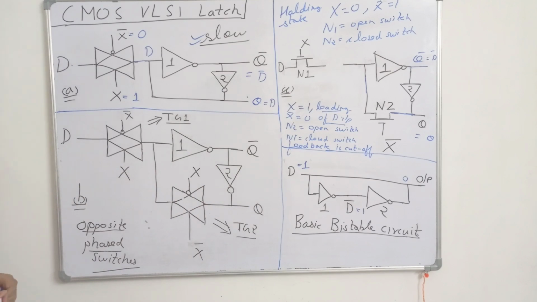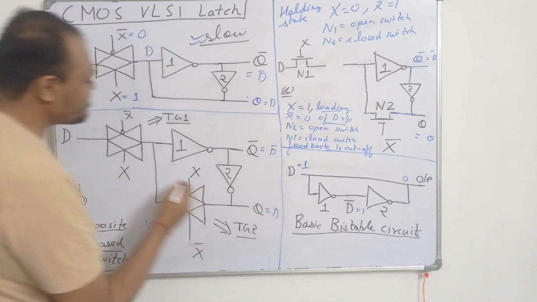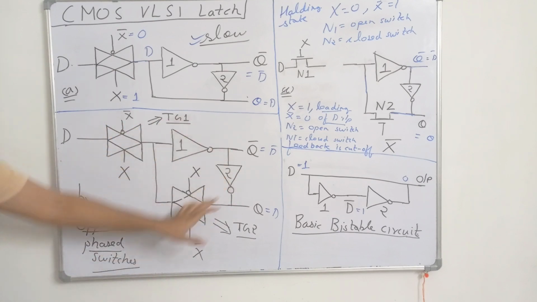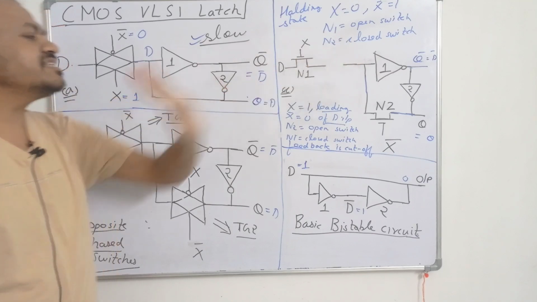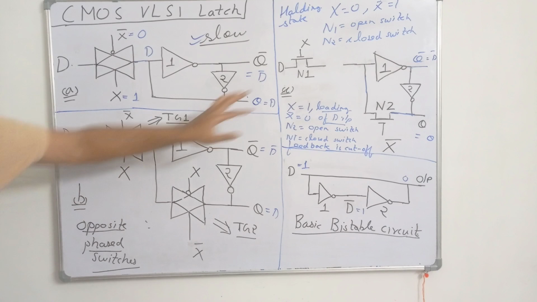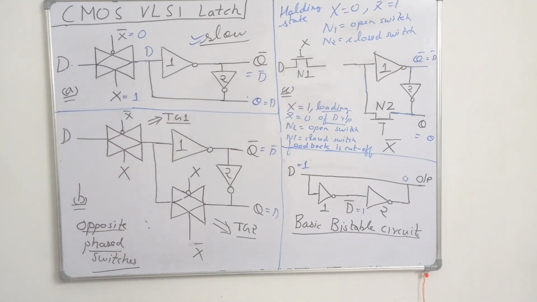Q bar will be equal to D bar and Q will be equal to D. And when x equal to 0, then this TG1 will be cut off from the circuit and we will only have this feedback loop. So the working is exactly the same as the working of this circuit. The only difference is that here we are using transmission gates and here we are using simple NMOS pass transistors.